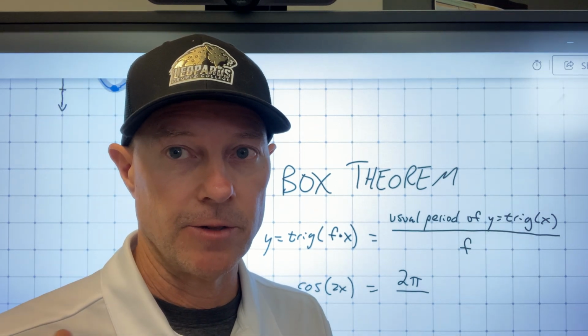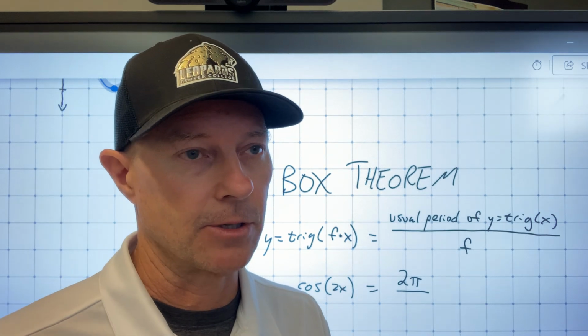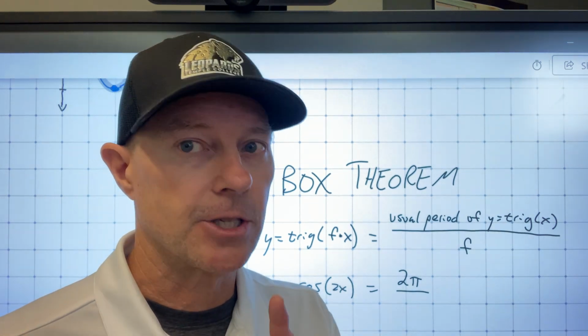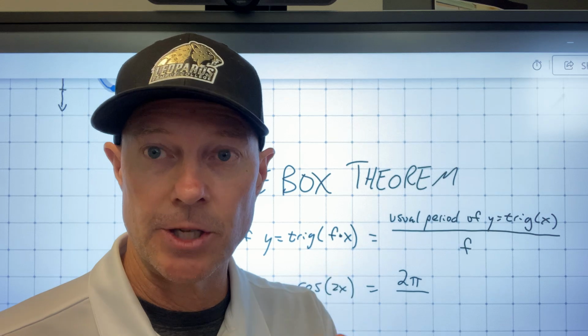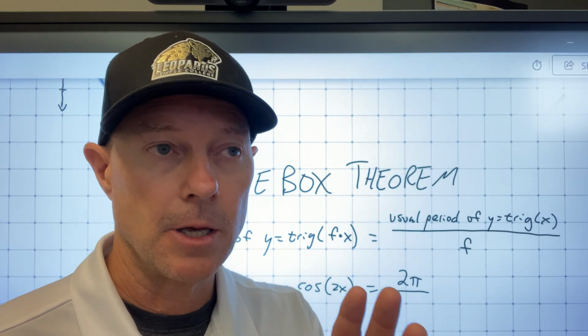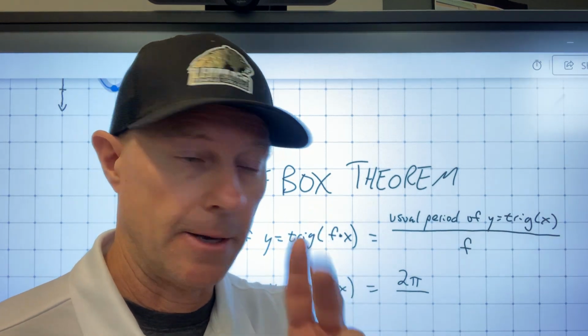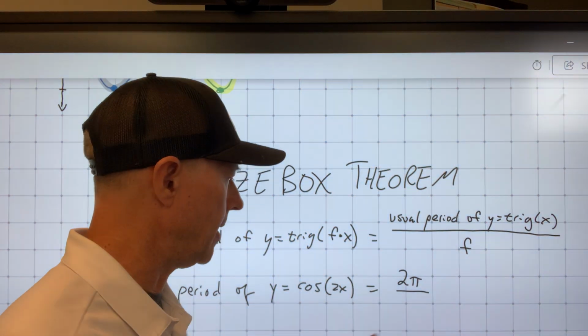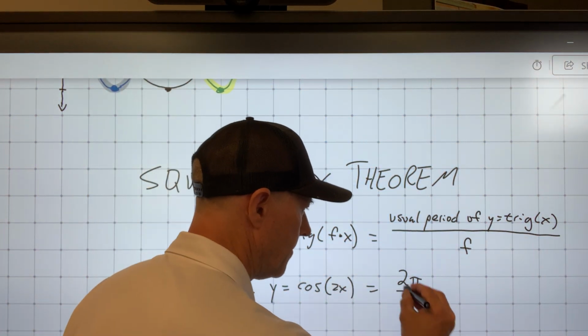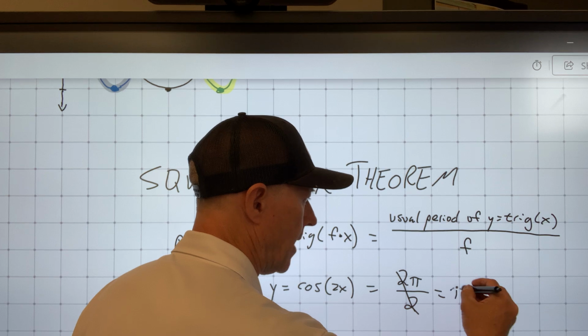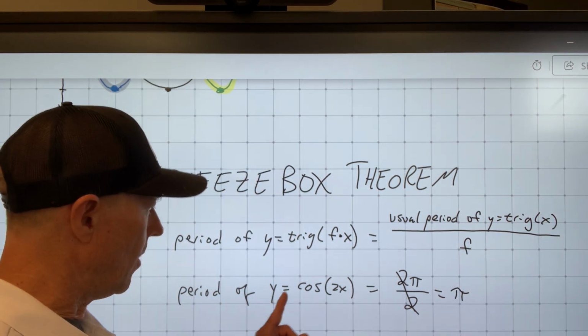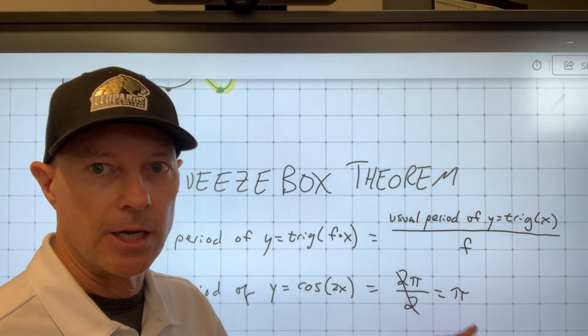The definition of tangent and cotangent just involves y and x, so it's just 1 pi. But the definition of sine, cosine, and their reciprocals, secant and cosecant, is 2 pi. So the usual period for cosine is 2 pi, and then I put this 2 down here, those reduce, and so it's pi. So the period of y equals cosine of 2x is just pi.